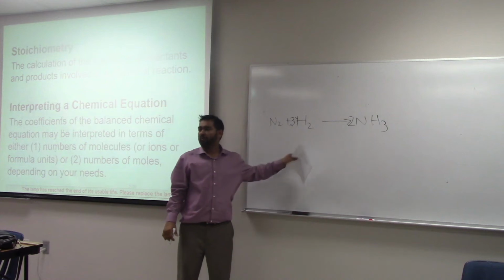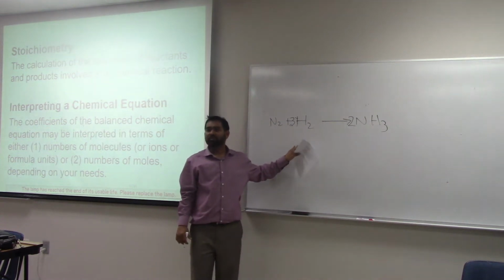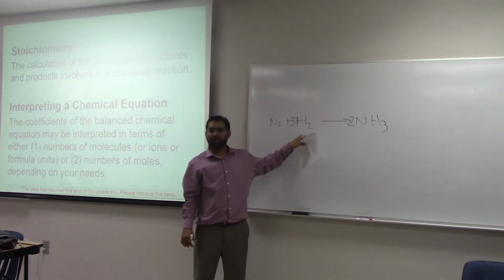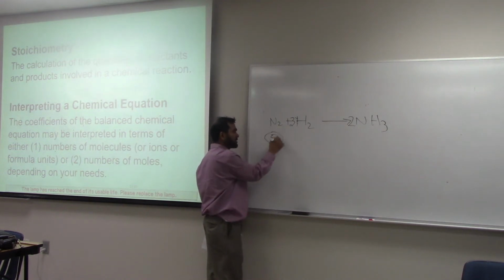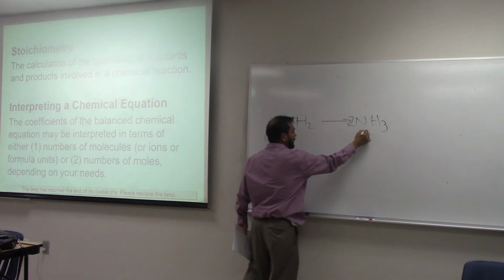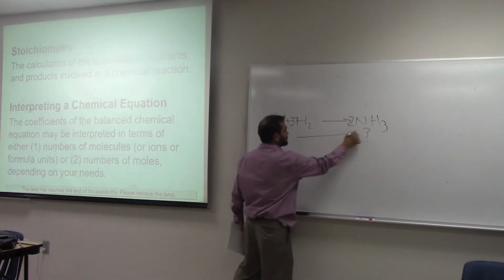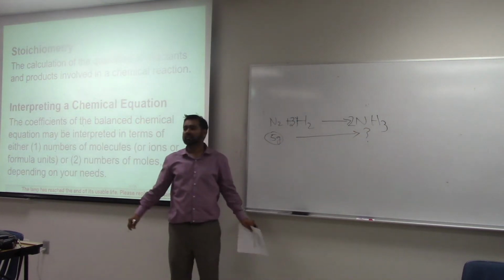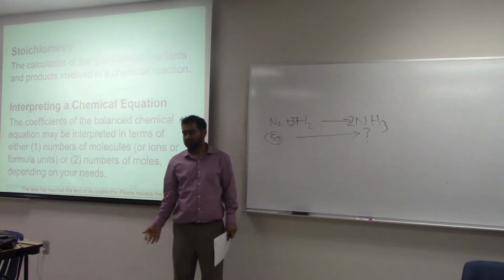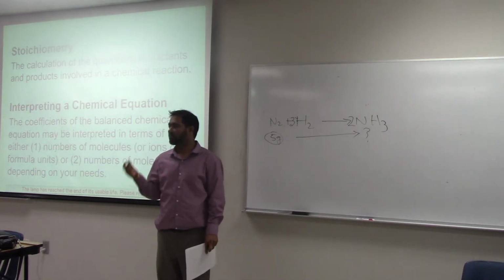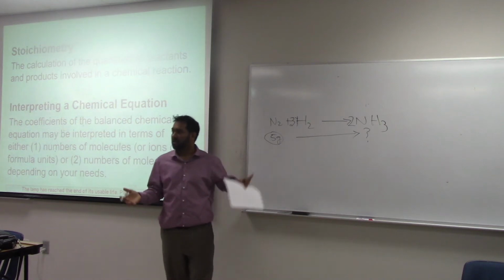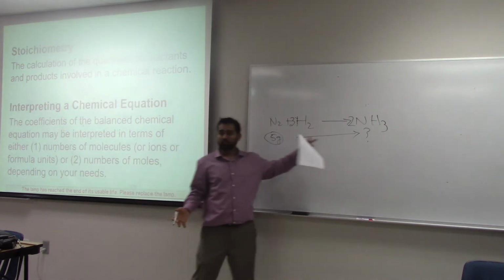So one more point came up: stoichiometry has to be in a balanced chemical equation. You can calculate, if you started off with 5 gram of nitrogen, how much ammonia you can produce. That is called stoichiometry. Now you calculate.